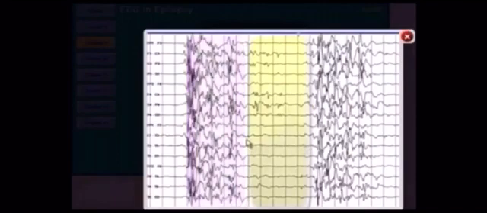If you see burst suppression pattern, you can see it in epileptic encephalopathy such as Ohtahara syndrome, but you can also see burst suppression pattern in any age group if someone has suffered a severe anoxic brain injury. Burst suppression pattern can also be chemically induced by propofol, by pentobarbital, and several anesthetic drugs.